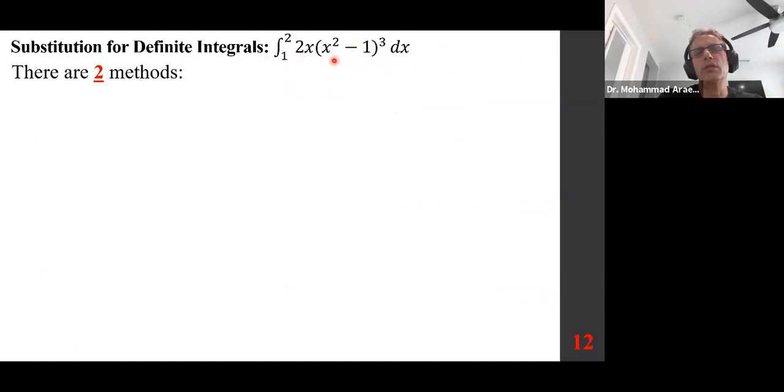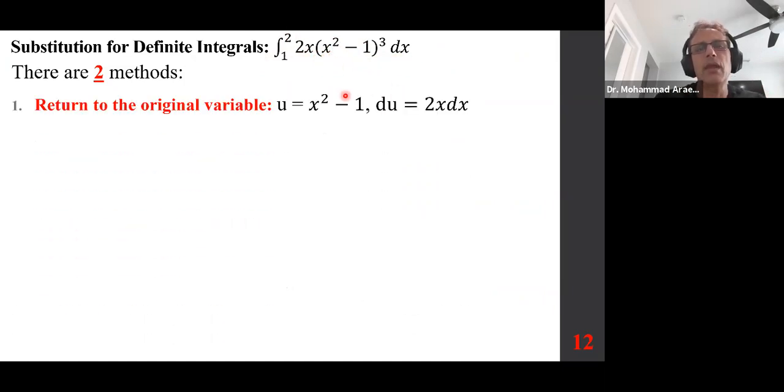The more complicated one is x squared minus 1, right? You remember that? So that's the choice of u. And du is 2x dx. So let's write that. U is the more complicated one, du is 2x dx. So if you put the 2x next to dx, you have your du.